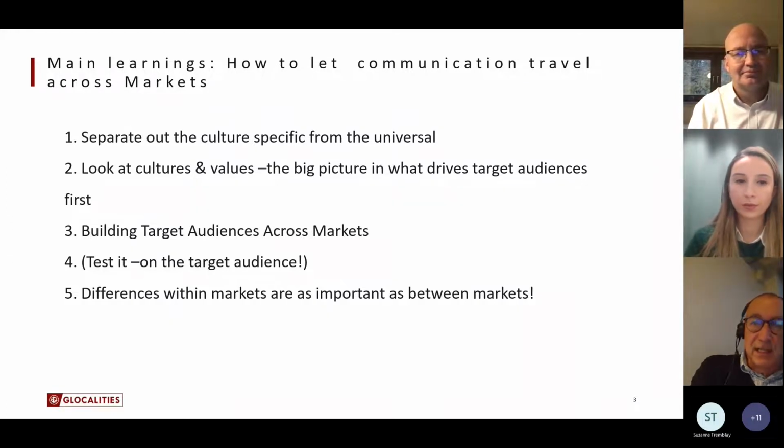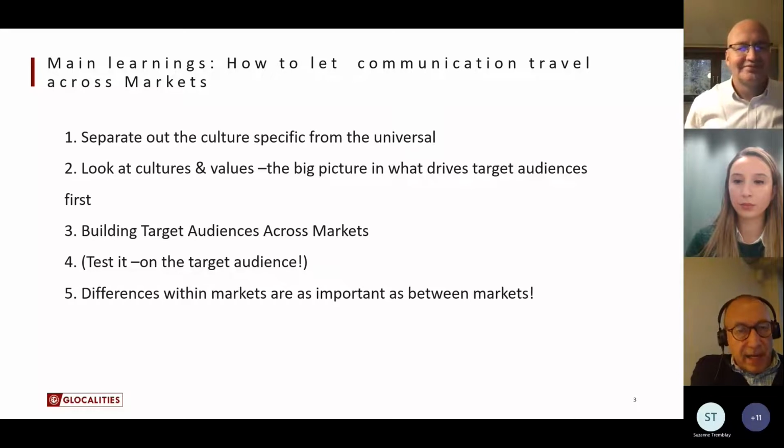And also when it is important to look at those cultures and values, because it drives target audiences and how you can use it. And of course, when you use this kind of information and come up with an advertising campaign or communication setup, it still is important to test it.